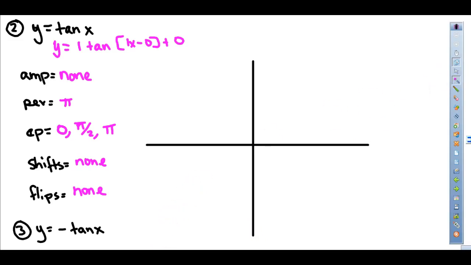So when we put this on our graph, we have this is pi over 2, this is pi, negative pi over 2, this is negative pi, and let's graph it.